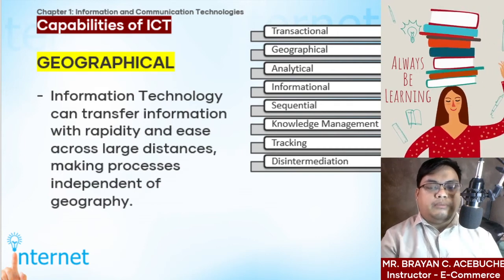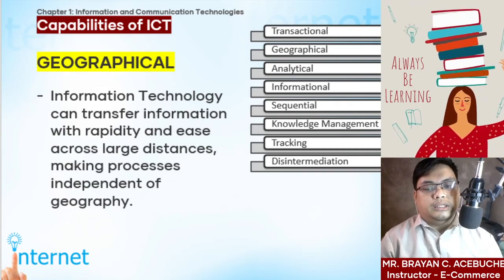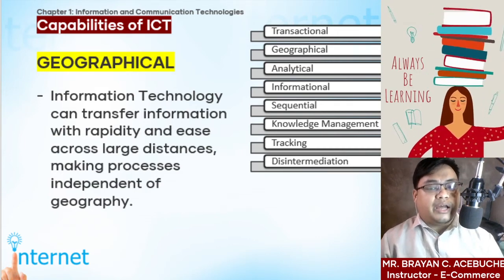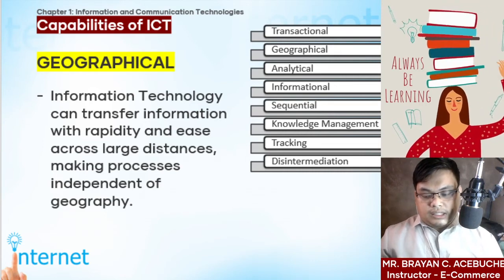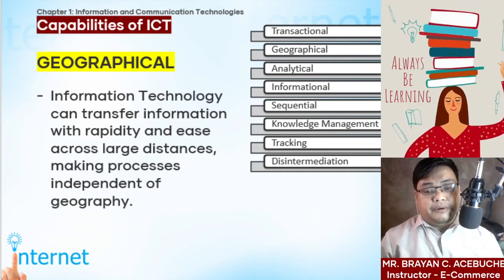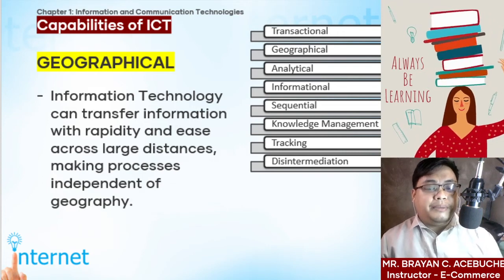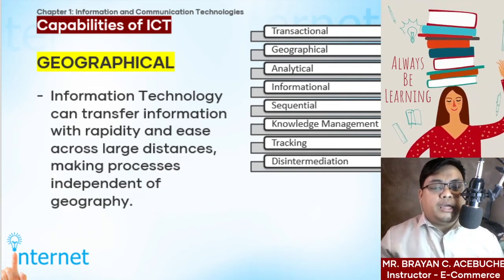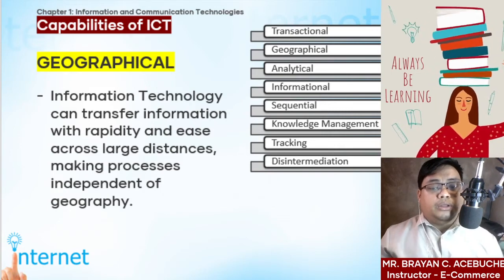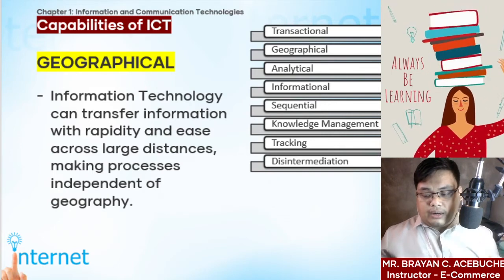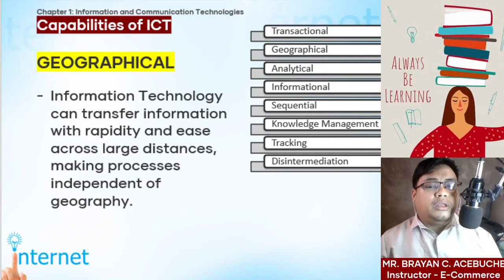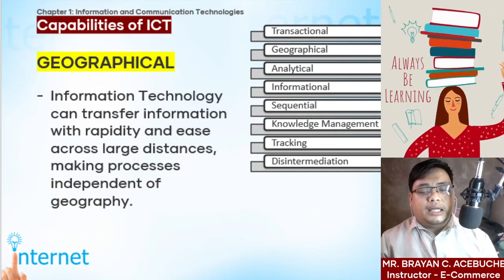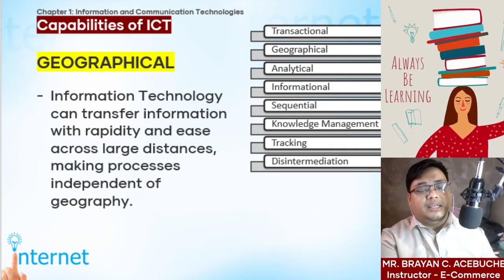Another capability of ICT is in terms of geographical. IT can transfer information with rapidity and across large distances, making processes independent of geography. So, the good thing about ICT, hindi na nga natin kailangan mag face to face, 'di ba?